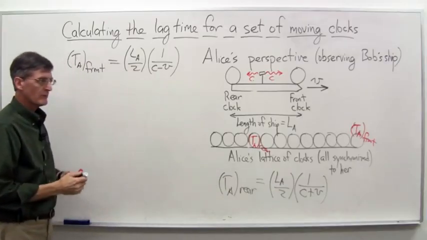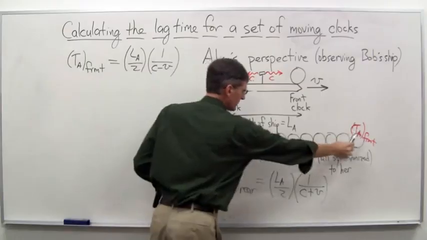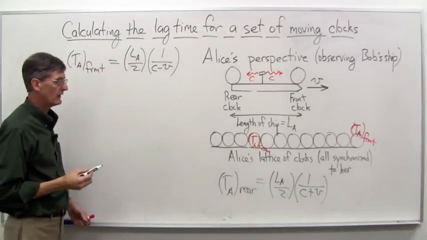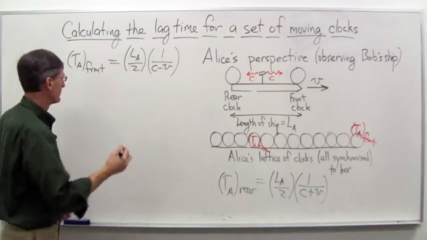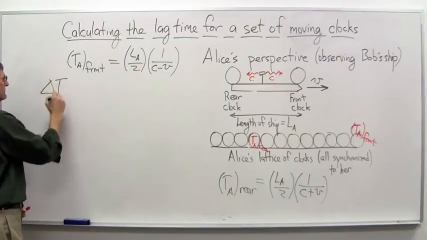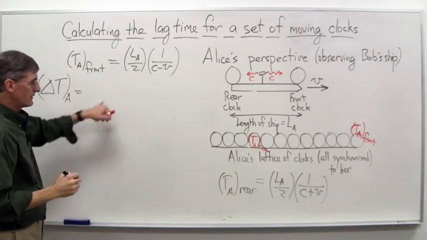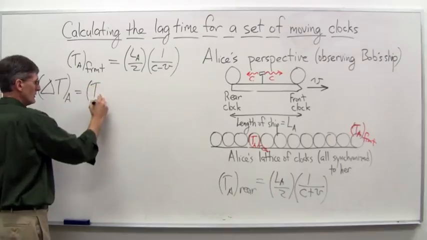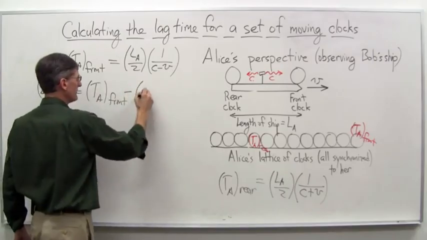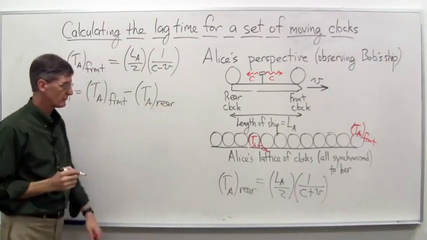Again, we're thinking about Alice here. So what is the time difference that Alice reads on her clocks between when the light beams hit the front and rear clocks of Bob's ship? Well, that time difference, for which we often use the delta symbol, so delta T for Alice, is going to be simply TA front, the time when the front light beam hits, minus the time when the rear light beam hits.